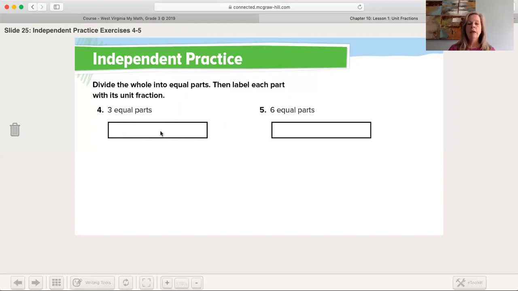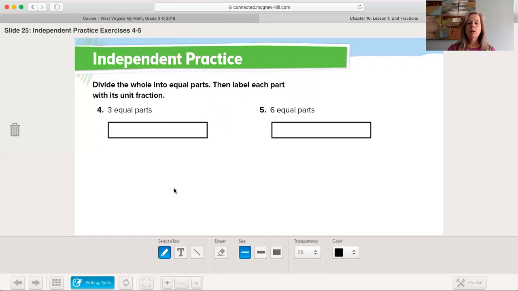Divide the rectangle into 3 equal parts and write the fraction below it. Divide the rectangle into 6 equal parts and write the fraction. I'm going to do this one along with you. It's a little tricky because you can't draw the lines in the middle when we're doing thirds. Do you know why? Because 3 is an odd number, so we're not going to start in the middle. We're going to start off to the side so we can make equal parts.